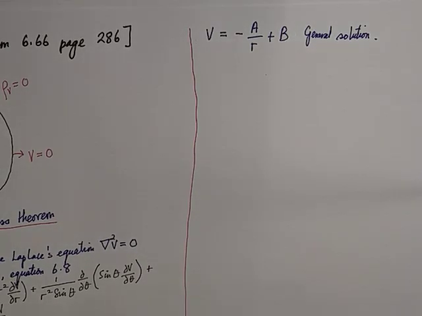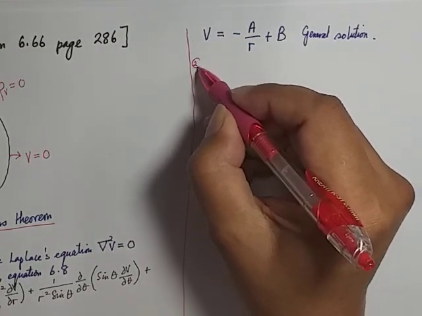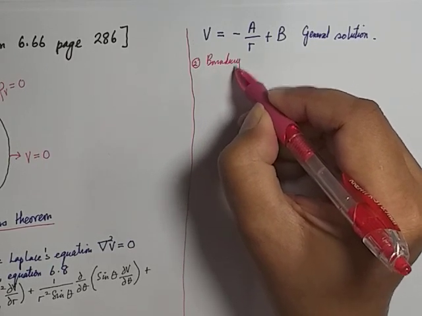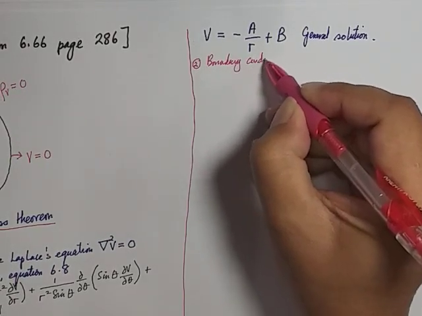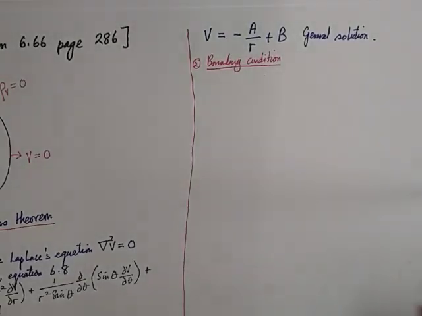So now I have to go to the second condition of the uniqueness theorem, which is known as boundary conditions. For boundary conditions, we just need to define what we can see from the respective boundary.